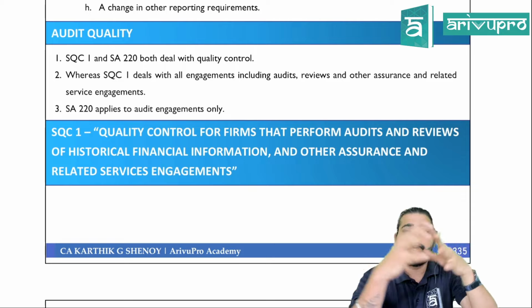Auditing is like a mashup. It's like a DJ. All subjects are there here. Alright, for example, if you flip in that particular page, May 24, one question is there where they have asked about inventory valuation. Now, inventory valuation is about your AS2. Correct? Yes.